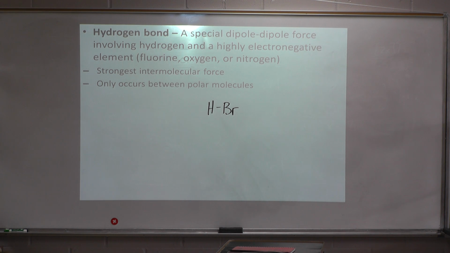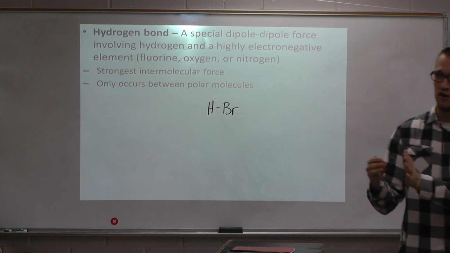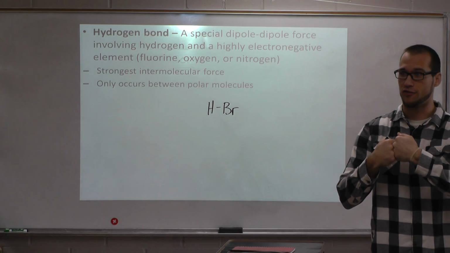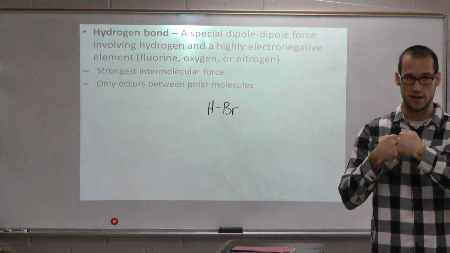Correct? And the reason why we talked about electronegativity is because it's the electronegativity difference that creates the what? The polarity. And it's the polarity that gives us the charge that can cause the attractive force. Does that make sense?